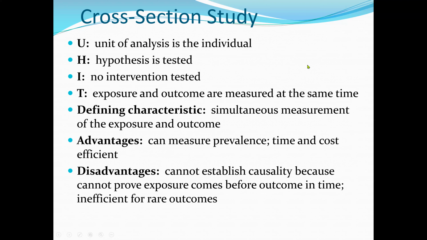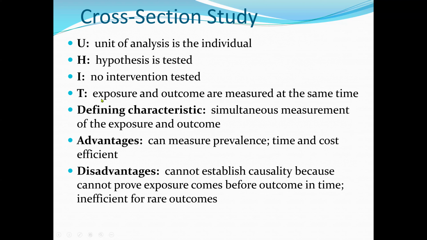So again, these studies are also called prevalence studies because they allow the calculation of the prevalence of a health phenomenon in the study population. And the hypothesis is tested here, yes. Intervention, no. The reason there's no intervention is that in cross-sectional studies, data is collected at a point in time.